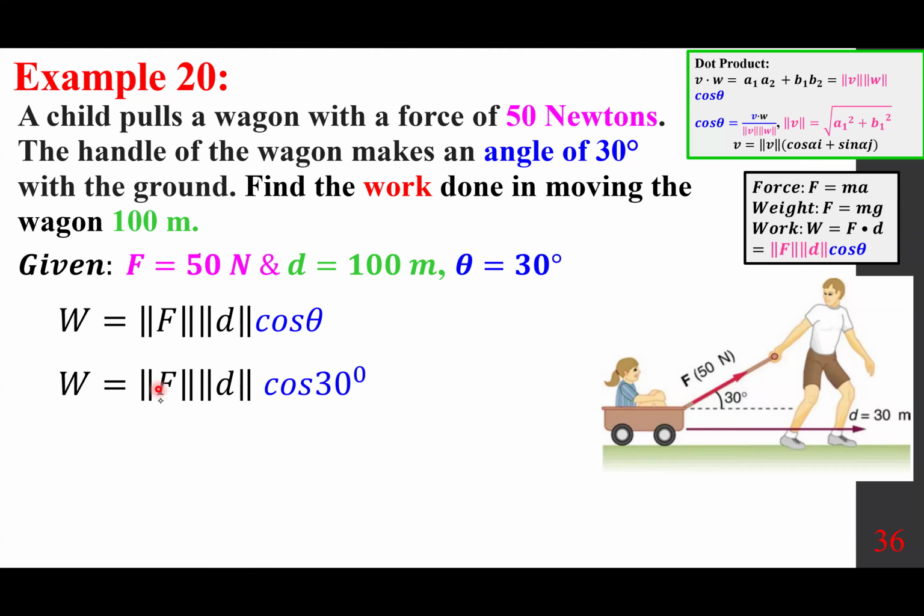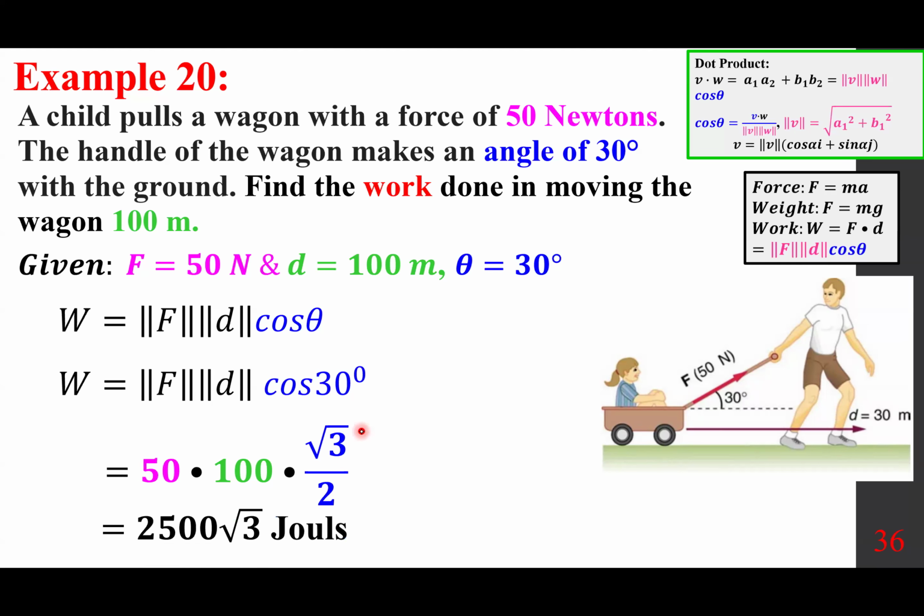So we have 50 times 100 times square root of 3 over 2. 5,000 divided by 2 is 2,500. 2,500 square root of 3 joules is the exact answer. Roughly, you can change it if they ask you to. Okay, so this is the exact answer. Quickly, I'm going to go over the methodology of a vector in a different manner, but this is good enough and you're done.